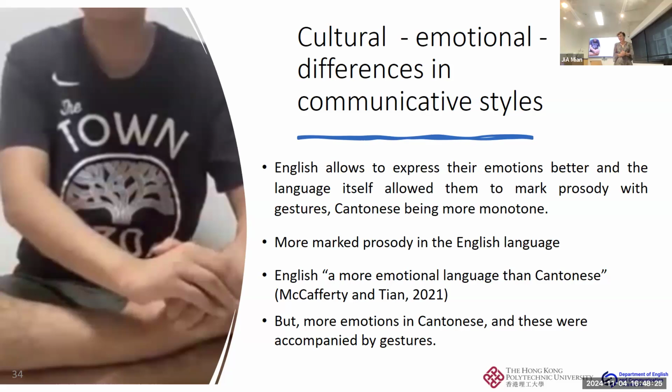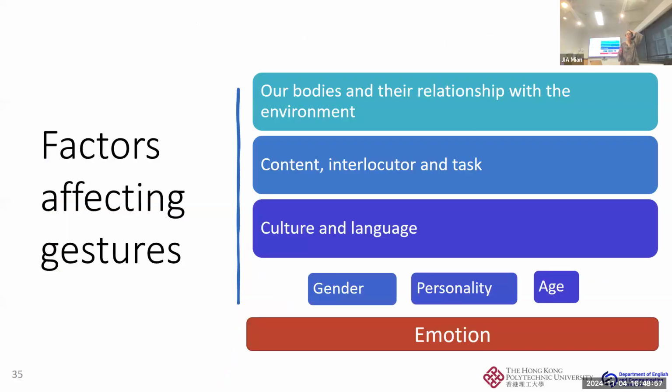And then a couple of our participants, but only a couple, said that they have more emotions in Cantonese, and these were accompanied by gestures. Now, we didn't actually go into detail as to what these participants meant, but we wonder whether this might be in relation to the fact that in our L1 we feel our emotions stronger than in the L2. Cognitively, these emotions are formed much earlier, they are much stronger, so it would make sense.